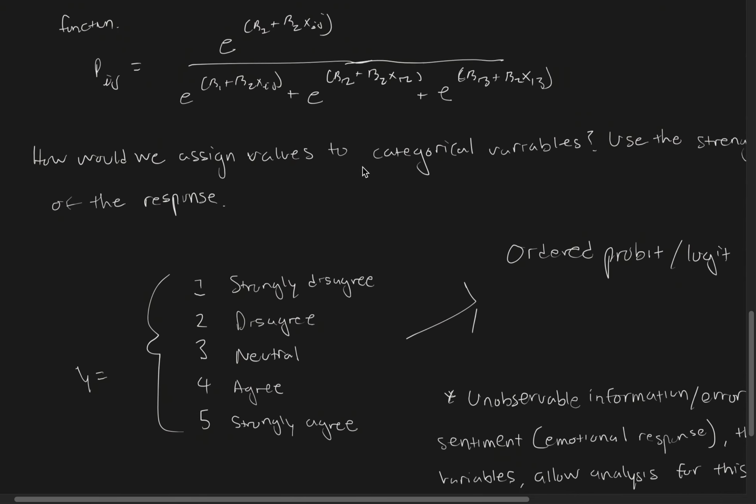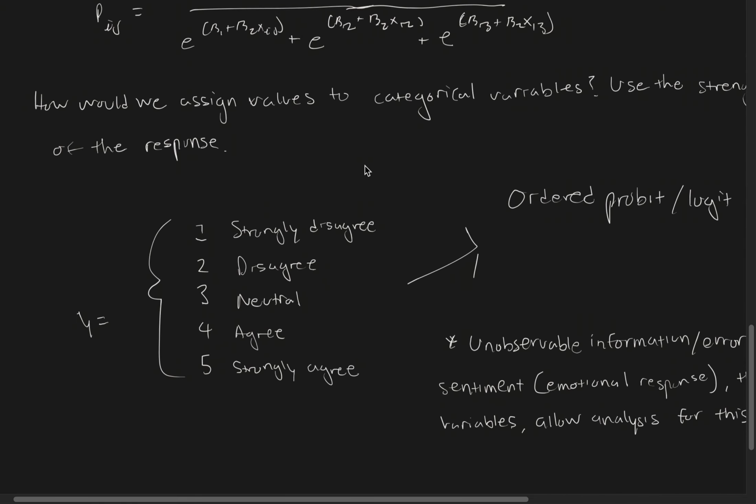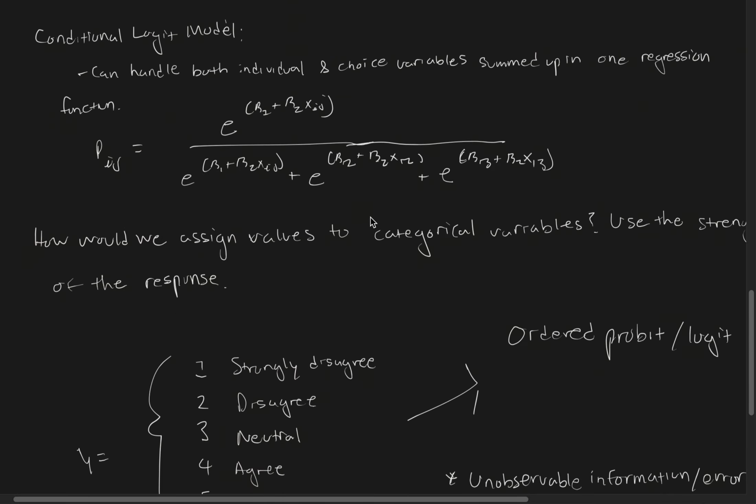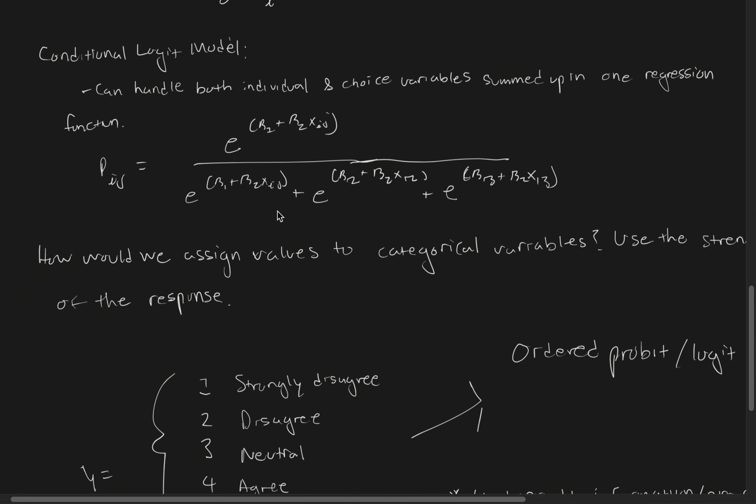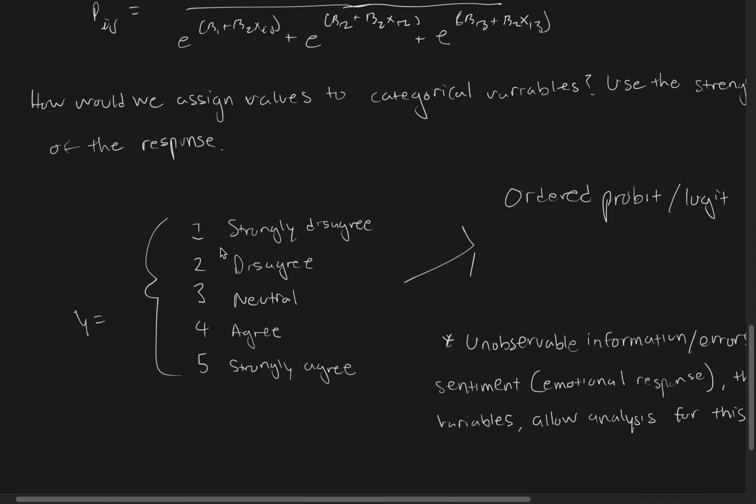All right. Finally, we have what we call the ordered probit or logit. It's similar to what we've done here, except we're basically assigning values based off of a consistent system.